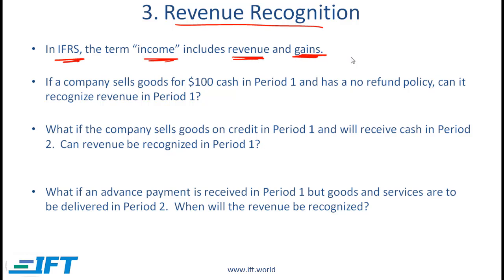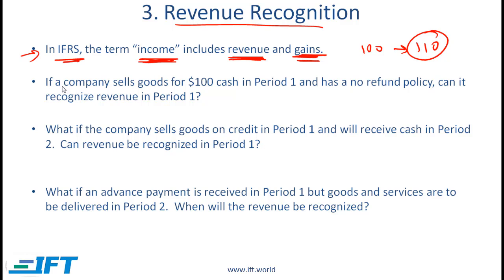The company might also sell a piece of equipment and realize a gain. So an equipment with a book value of 100 might be sold for 110. This gain of 10 would be shown on the income statement as a gain. And all this top bullet point is saying is that the term income applies to both the core revenue of the company as well as gains.